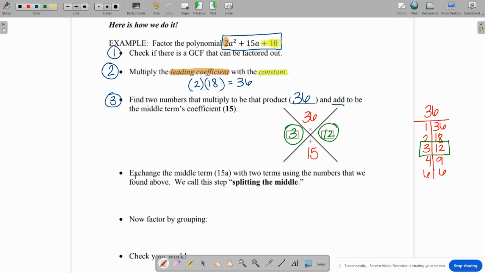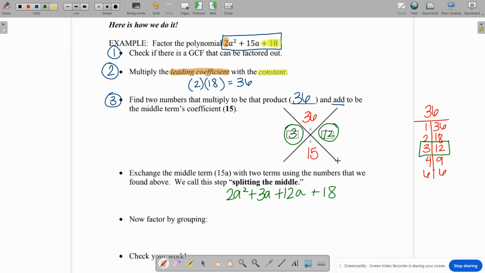So we're going to exchange the middle term 15a with the two terms that we just found. We're going to split that middle term. So we're going to rewrite this as 2a squared, and instead of plus 15a, we're going to say plus 3a and plus 12a, plus because they're both positive. So plus 3a plus 12a, and then write down the end of it, so plus 18.